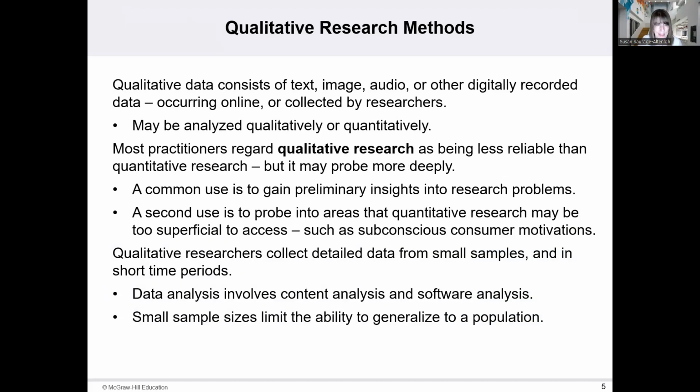So with qualitative, you're going to ask them to talk about the last time they used something. How did they go about purchasing it or making the decision to purchase, so that you want to go through the process? Or if they were to construct the ideal coffee house, how would they structure that? What does it look like from the outside? When you walk in, what do you see?